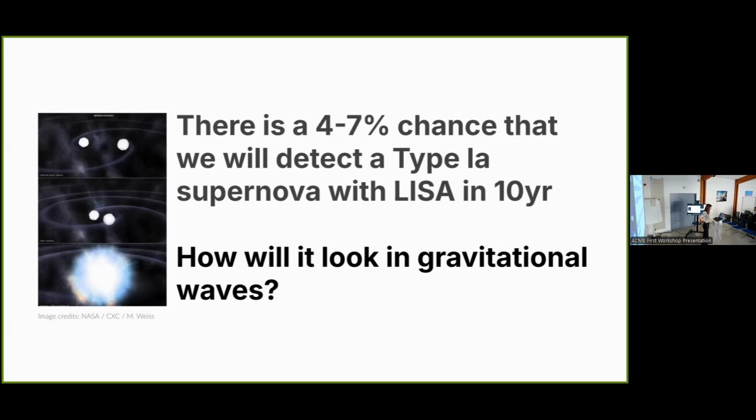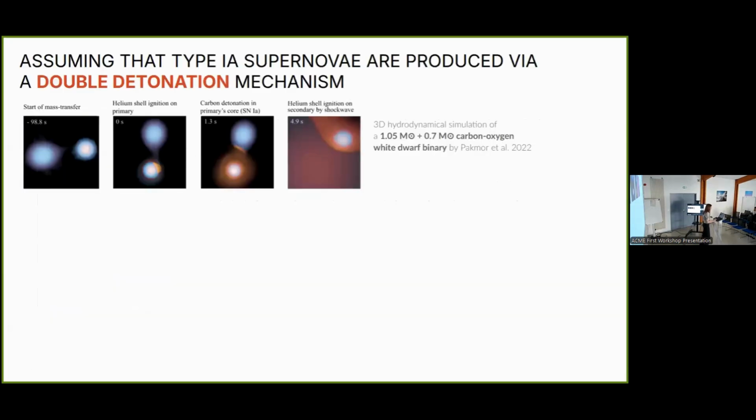And the question that I looked at here is what the gravitational wave signal of this type Ia explosion in our galaxy will look like. So here I had to assume some sort of a detonation mechanism. There are multiple models, and the one that I used is called double detonation. And this, in my non-expert understanding, is one of the leading mechanisms out there in the market.